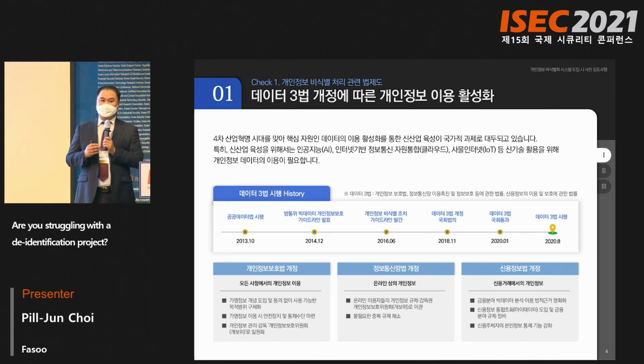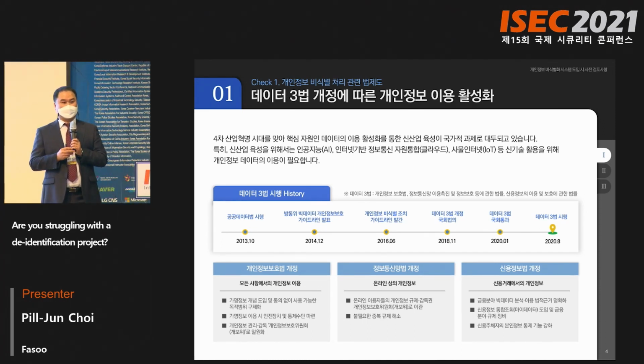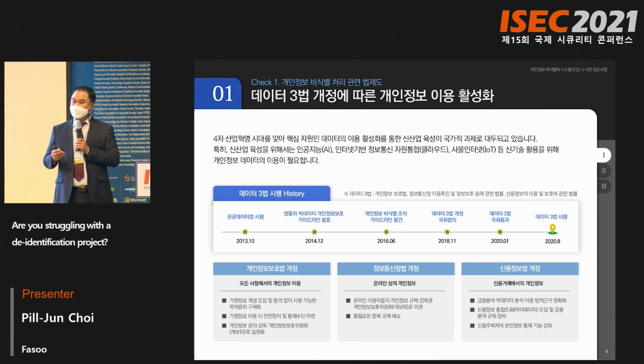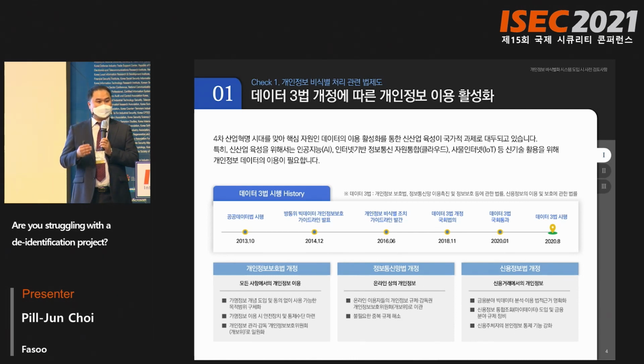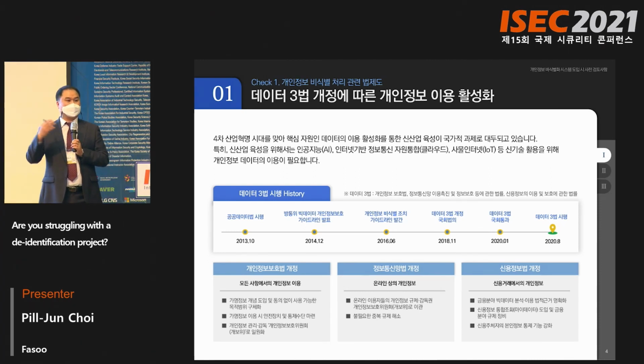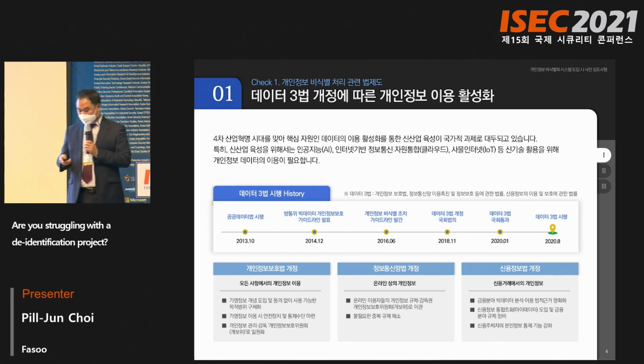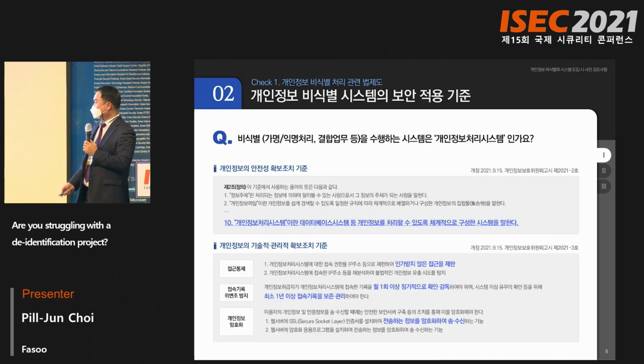There were personal information breaches, and many developers developed products without reviewing the Personal Information Protection Act, and later they turned out to be violating it. Then the product could not be sold in the market. So in order to resolve such issues, the 3 data privacy laws were revised.